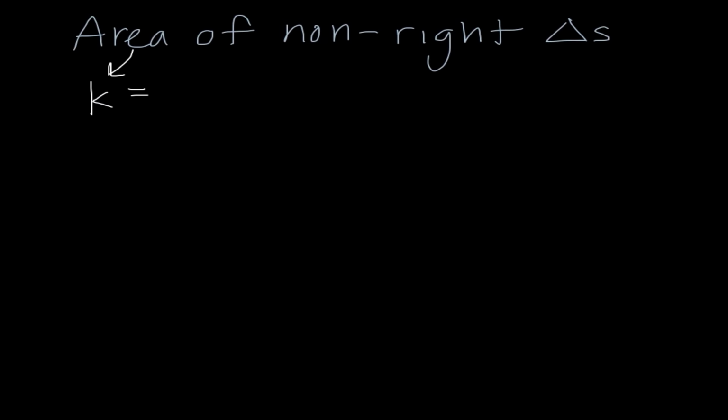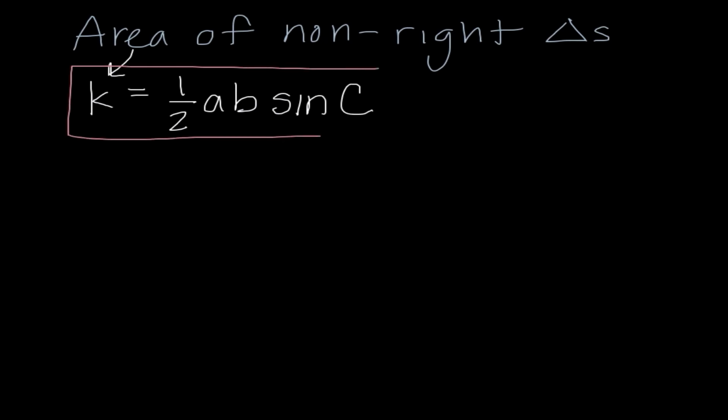So our formula is K equals 1/2 AB sine of angle C. Just like our other formulas, I do not necessarily need to use sides A and B, but whichever two sides I use, we need to also use the included angle.